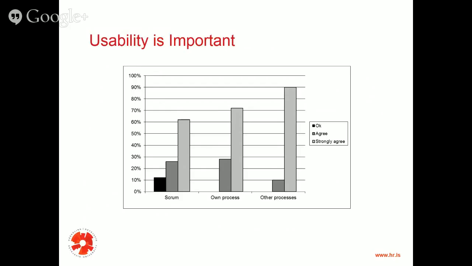The people using the other processes thought that it was very important to emphasize that the software they are developing will be useful or easy to use. But the participants using Scrum were not as positive towards usability. So this scared me a little bit, and maybe was an inspiration to research this further.